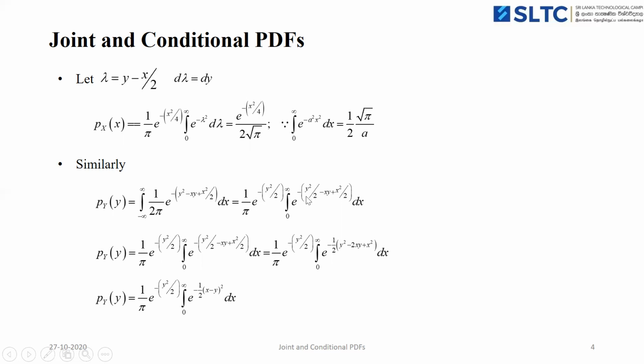The remaining is e power minus y squared by 2 minus xy plus x squared by 2. If you take the LCM, 1 by 2 comes outside, then y squared minus 2xy plus x squared. We can represent this in (a minus b) whole squared formula.